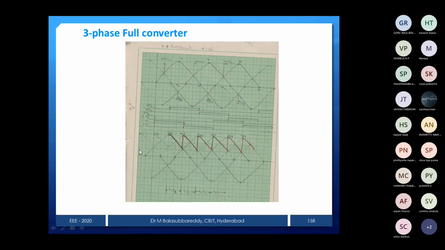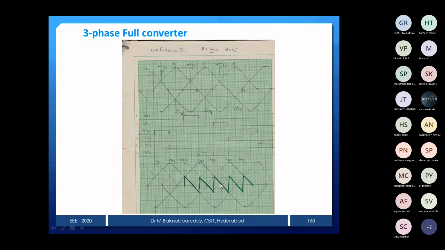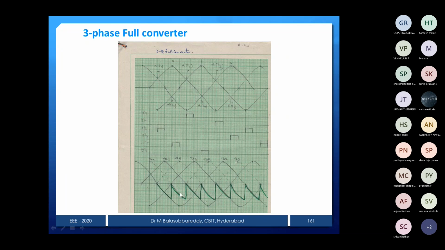Both are the same. Now we can see alpha is equal to 30 degrees, we get like this, and alpha is equal to 75 degrees, this is our voltage waveform. Then this is 90 degrees for RL load. This one is 90 degrees RL load, and this is 120 degrees. One thing you remember: the alpha equal to 0 waveform is the alpha equal to 180 degree waveform, only with a minus sign.